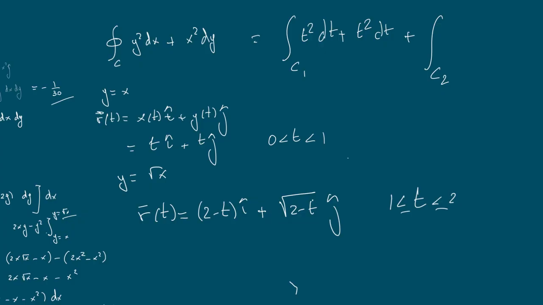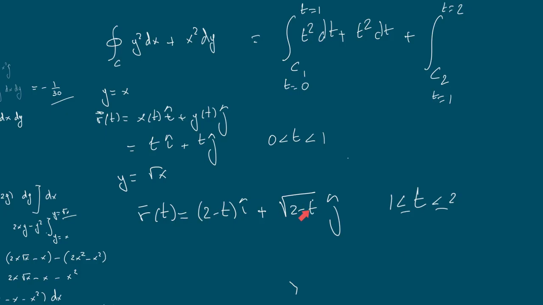Plus, let's do the same thing over the curve C2. Over C1, t varies from t equals 0 to t equals 1. Now for the curve C2, the square root of x, t varies from t equals 1 to t equals 2. Well, what is the y of t?